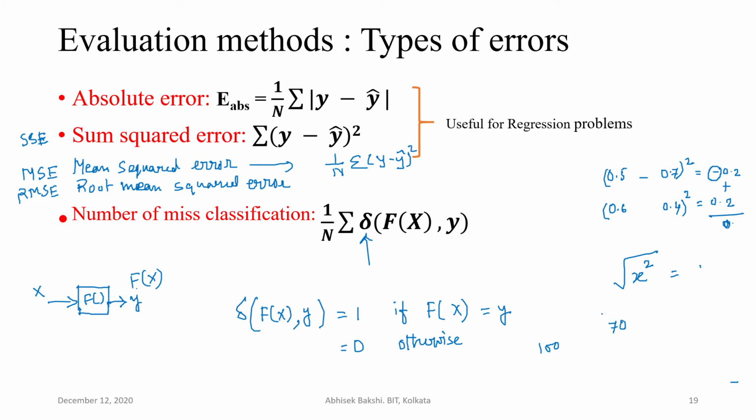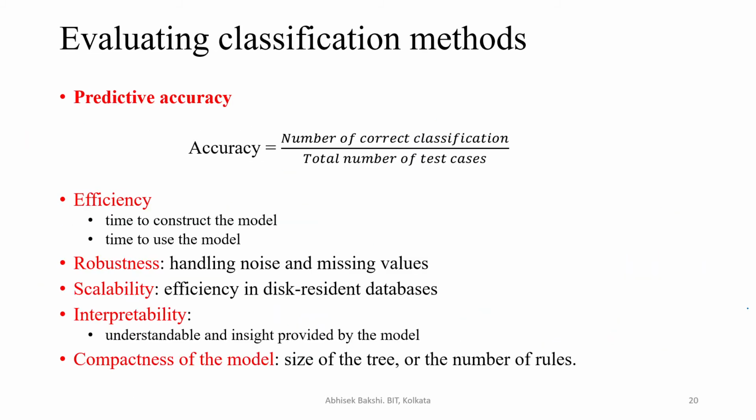So 70 divided by 100 is 0.7. That means you can say that the accuracy is 0.7, or 70%. In this way we can find the errors.